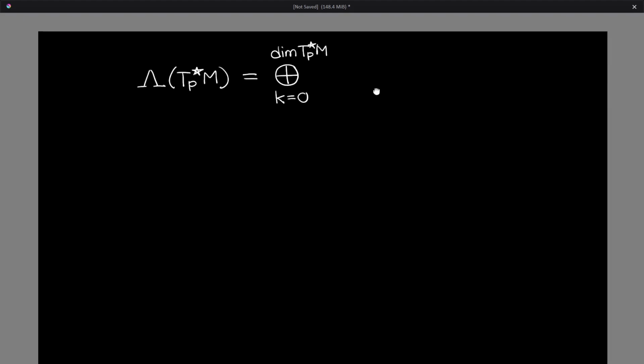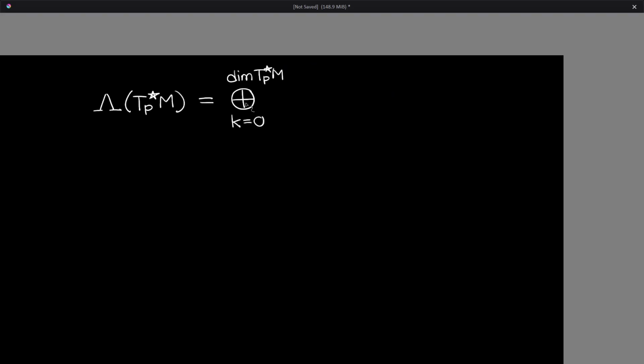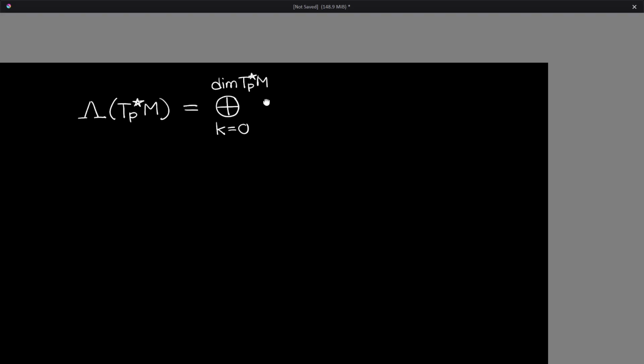So the full exterior algebra is lambda of TP star m, and that's equal to the direct sum of k equals 0 to the dimension of the underlying vector space TP star m, so that's basically just the dimension of m, right?